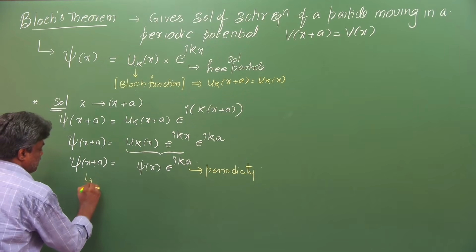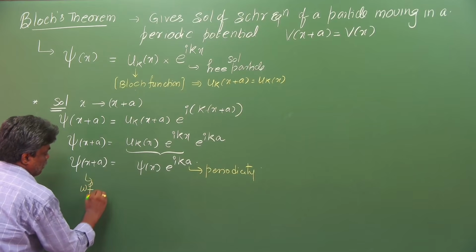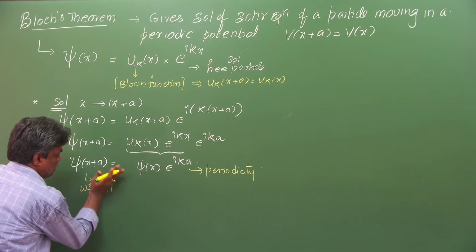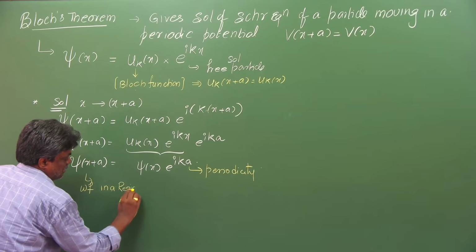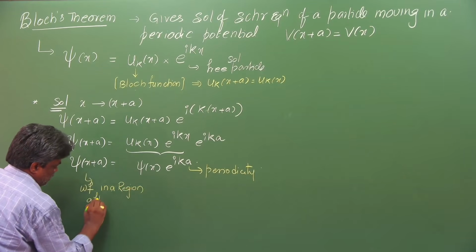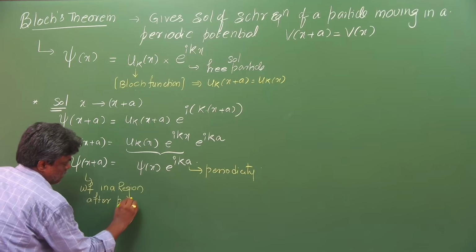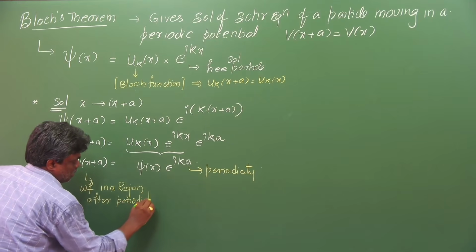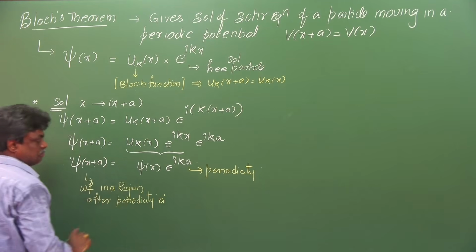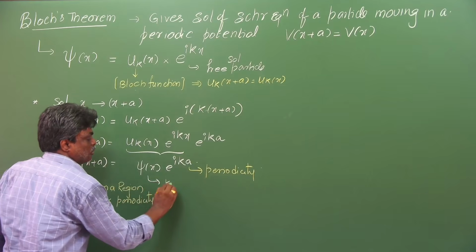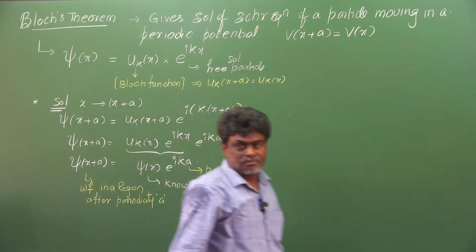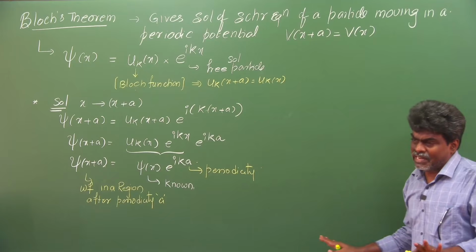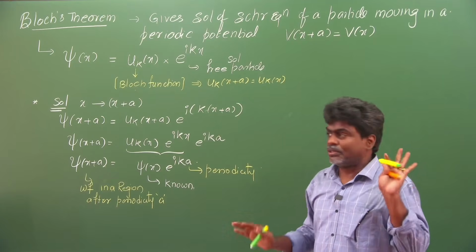And this is the wave function in a region after periodicity a, and this is the known solution. Now come to our problem. This is Bloch's theorem. Everybody understand? Sure? Yes, good.